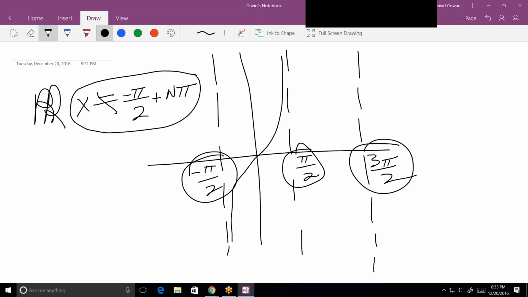It's only when you get to trig that you have repeating vertical asymptotes, and they require this kind of new notation where we use this letter n. They may use k, they may use something, but that means all integers, or any integers is what that means.